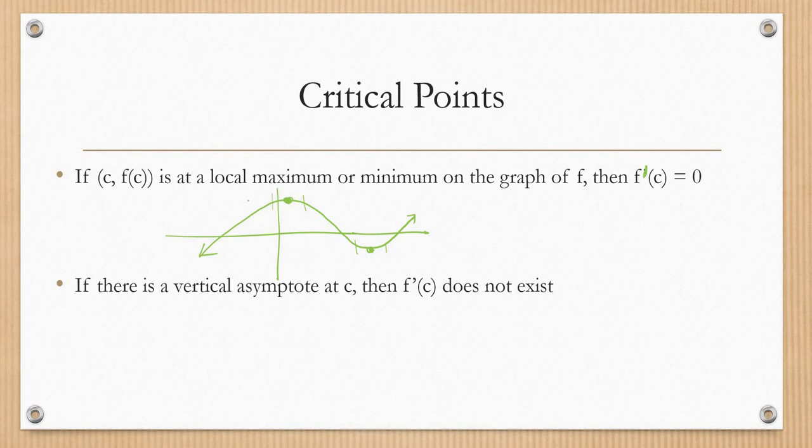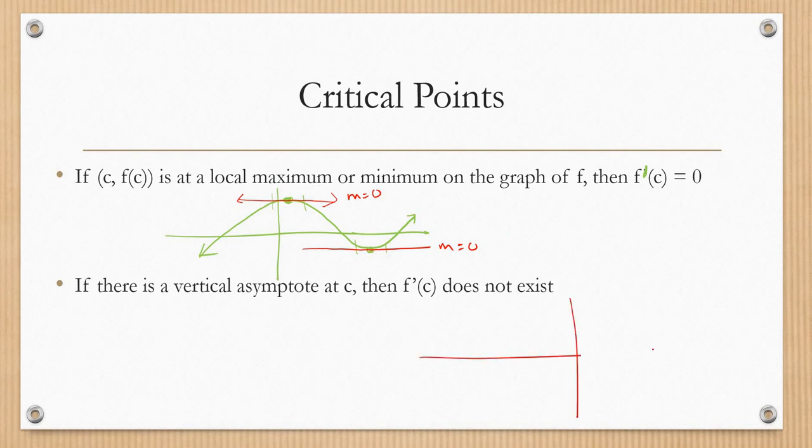So you can see that if I drew the tangent line here, that this tangent line would have a slope of 0. So at any place where we reach a max or a minimum, we'll have a slope of 0 for my tangent line, which means that f prime is 0.